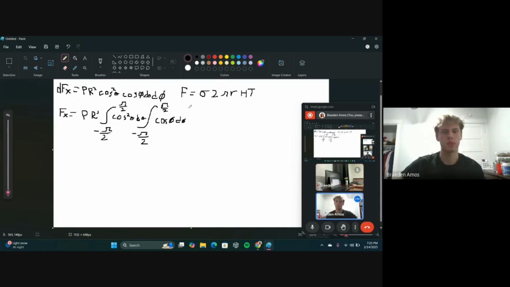And so if you evaluate this integral on the right side, this would just come out to 2. So now we need to focus on this integral, cosine squared.